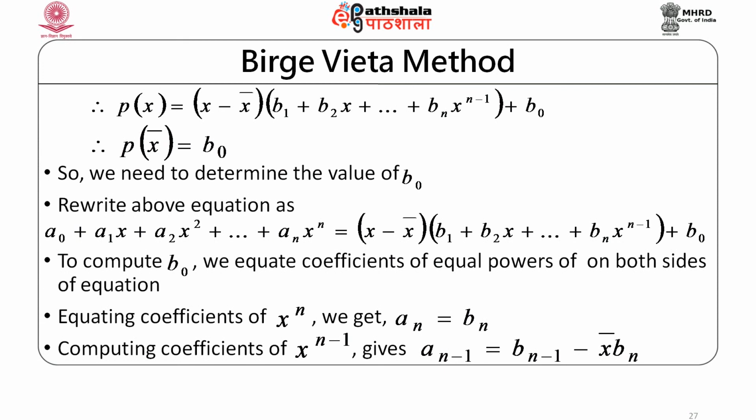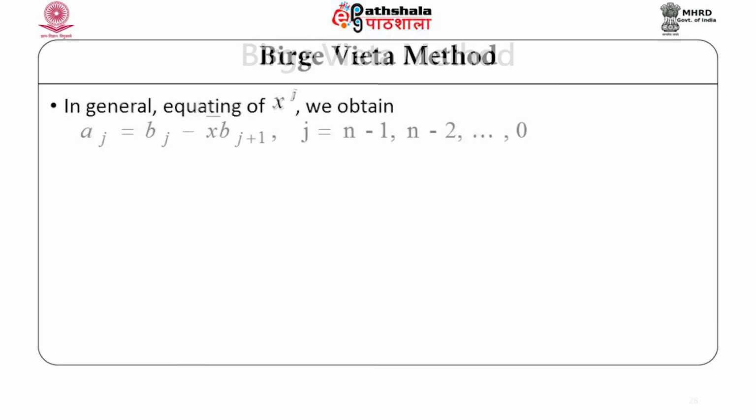Let us equate the power of x raised to n minus 1 on both the sides. The left side is a n minus 1 and on the right side, the coefficient of x raised to n minus 1 is x bar into b n, and the other term will be b n minus 1 from x into b n minus 1 x raised to n minus 2. So, b n minus 1 minus x bar b n is the coefficient of x raised to n minus 1.